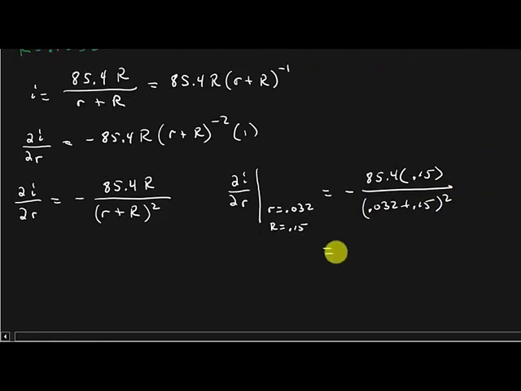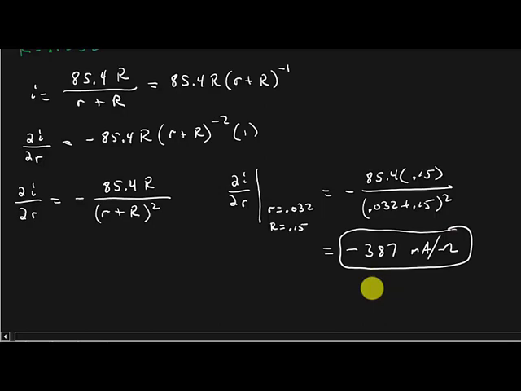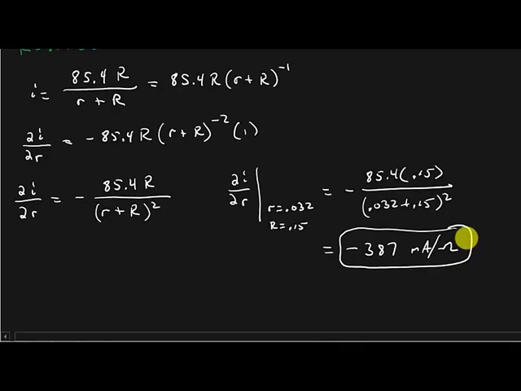And after you punch that into your calculator, you get negative 387 milliamps per ohm. And there's your answer. I'm assuming that's right. I didn't punch it into my calculator. I got the answer, so that might be rounded. I'm not sure.